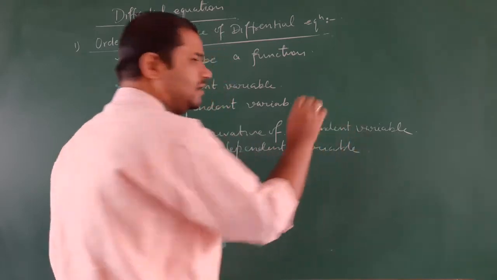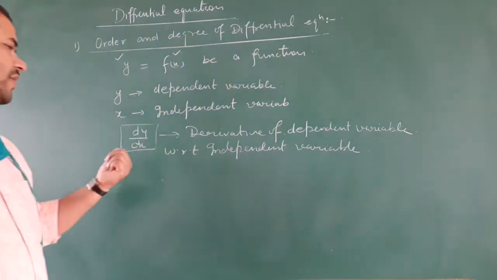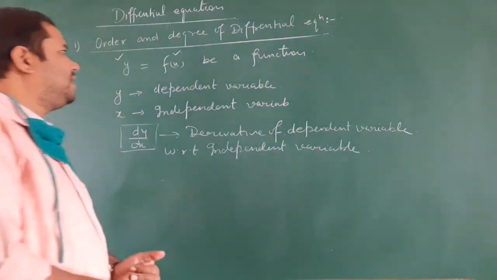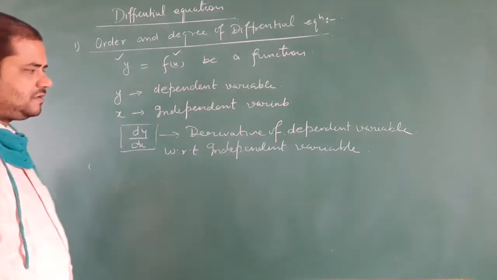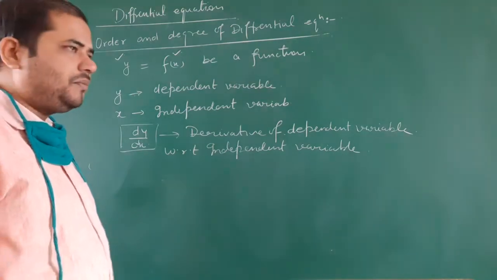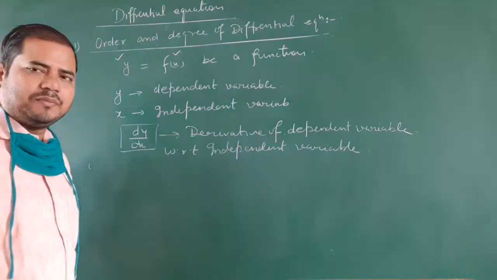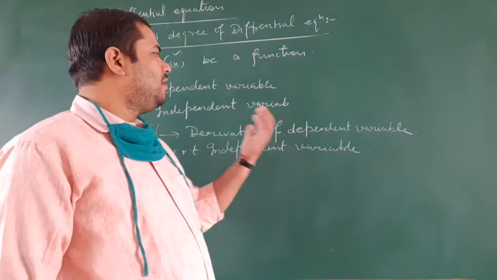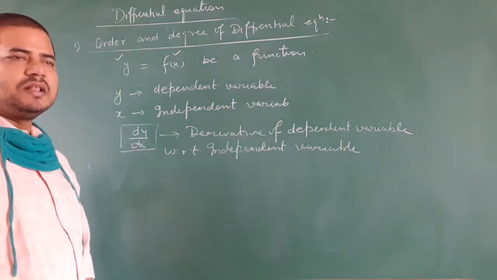So what is a differential equation? An equation in which the dependent variable, independent variable and the derivative of the dependent variable with respect to the independent variable, either first order derivative or second order derivative, whatever, is present in the equation is known as a differential equation.